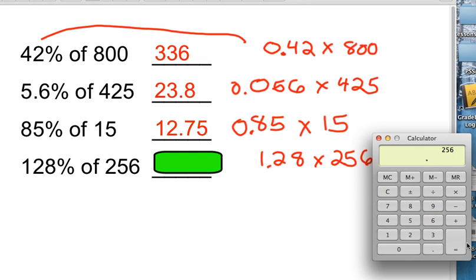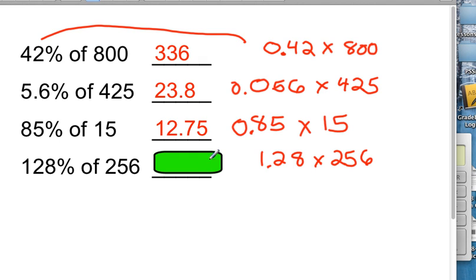Sometimes the calculator hits the wrong buttons and you're going to come up with the wrong answer. Wow, we get 327 and 68 hundredths. And our answer is indeed 327 and 68 hundredths. Alright, hopefully you did pretty well.